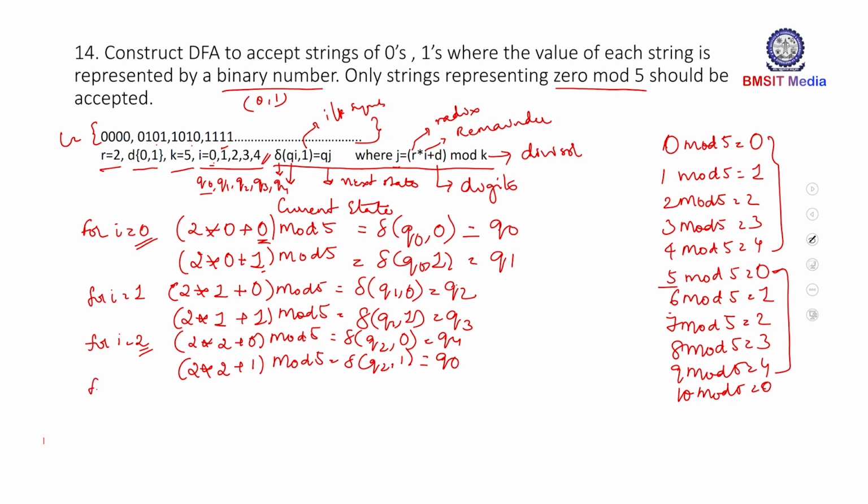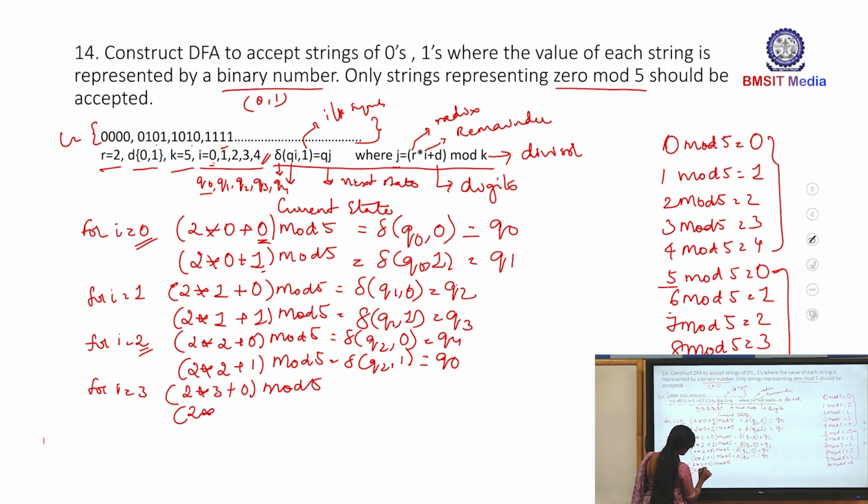For i equal to 3, we can write the same condition: 2 into 3 plus 0 mod 5, on accepting 0, and 2 into 3 plus 1 mod 5. So the transition would be delta, and the current state is Q3.